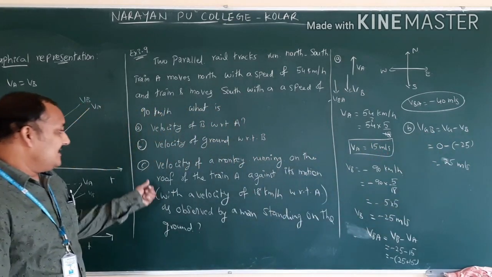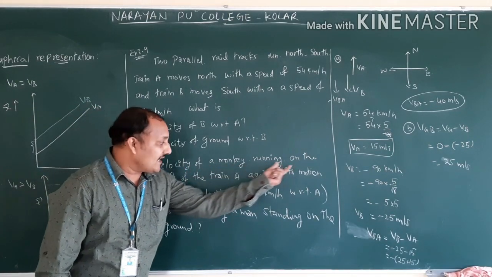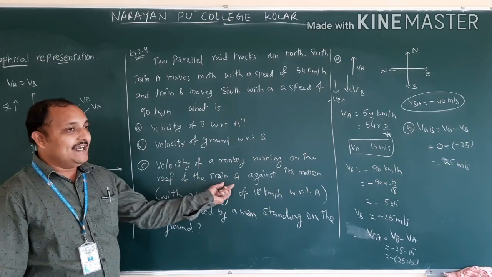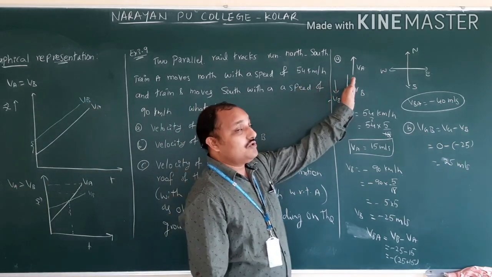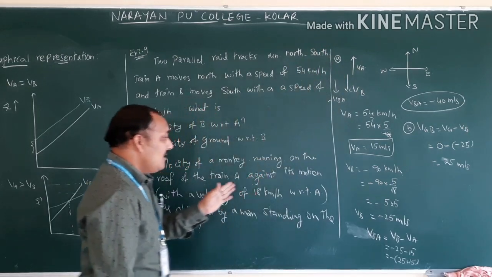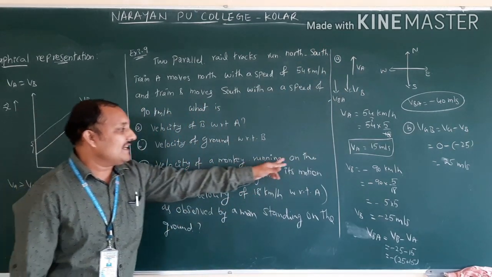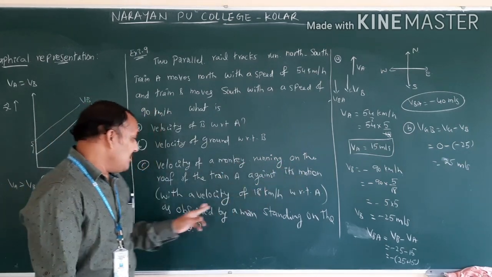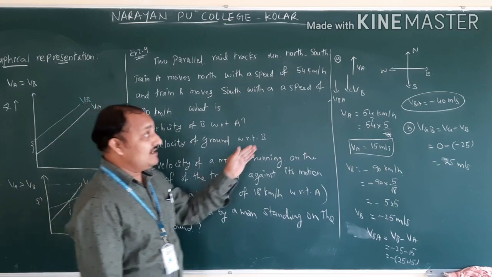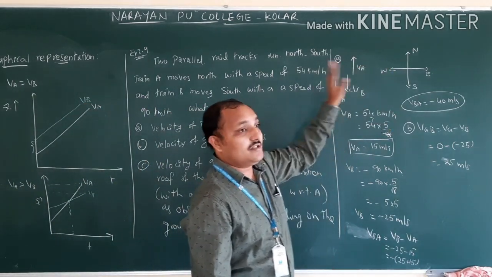So this is about B. Now we'll see the C. See, once we can read clearly, velocity of a monkey running on the roof of the train. Roof of the train means the train is moving towards north, so the monkey is also going towards north. Velocity of a monkey running on the roof of the train A against its motion. Against its motion means it is going towards north, but the monkey is coming towards down.